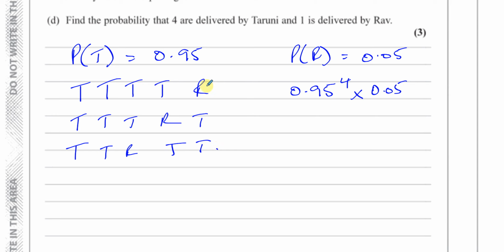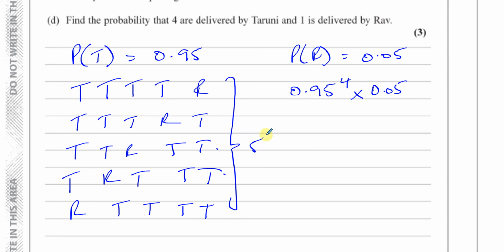So you have 3 different outcomes, but they all have the same probability. Then you can have T, R, T, T, T, and also R, T, T, T, T. So there are altogether 5 outcomes. So you've got to take this and multiply it by 5, because you take each of these outcomes and add them together.